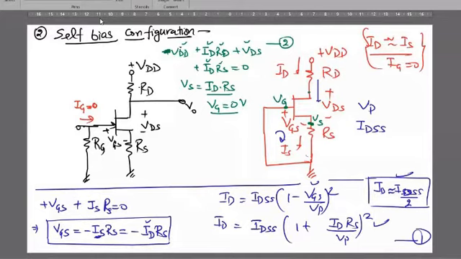Okay, let me solve one numerical. You will easily understand this. So the question is given to you.